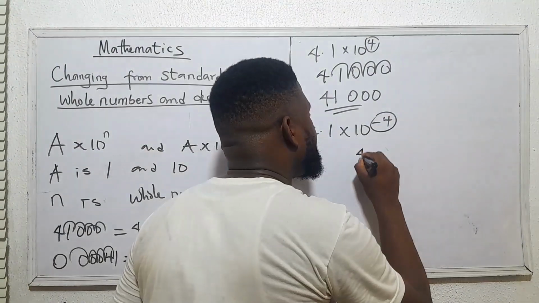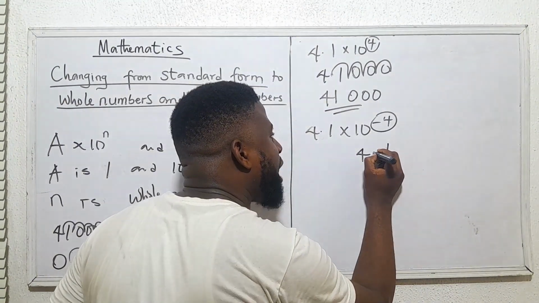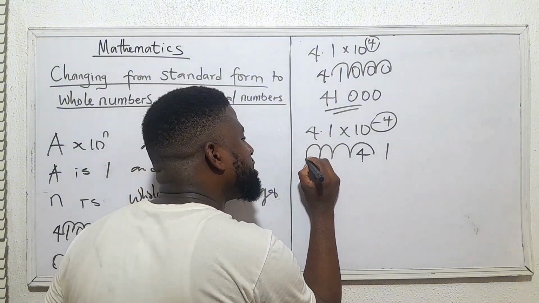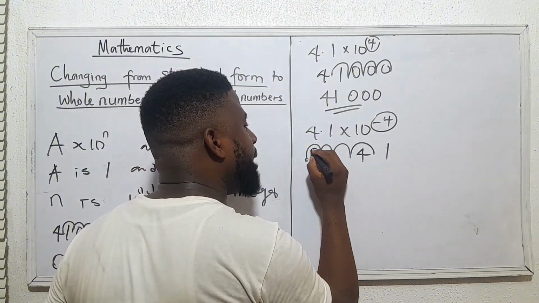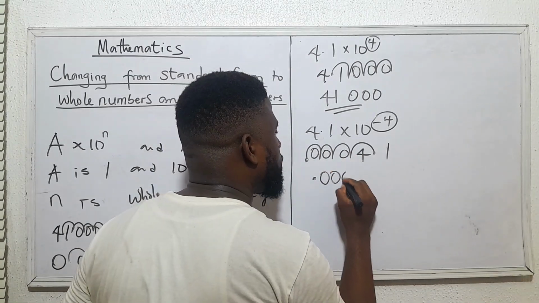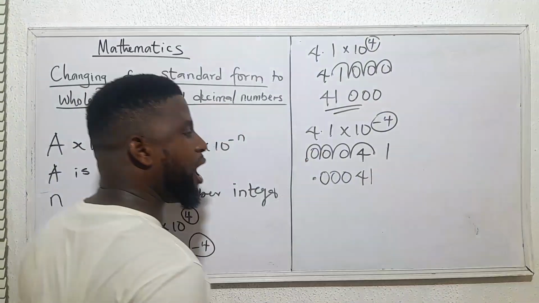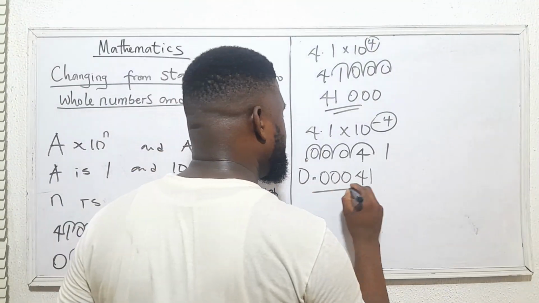That is, we have 4.1. This decimal point will move backward 1, 2, 3, and 4, which means the decimal point had been at this point and is now at this point. Fill the empty spaces with 0. We now have 0.0004. There's no more decimal point here. We now have point. Of course, this is 0.00041.